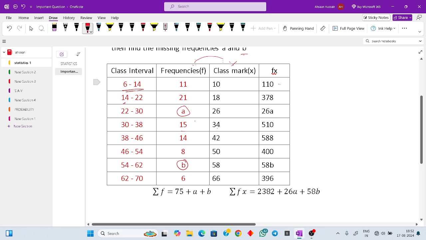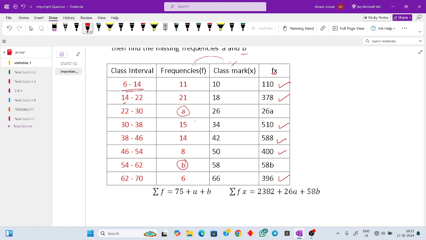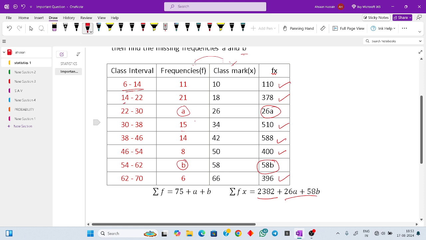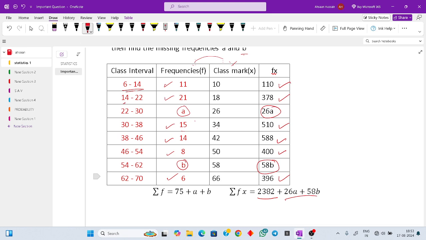So here this one, this one, this one, this one, this one, and this one are constant numbers. So we'll add these numbers, and the result will come 2382, and then write 26a plus 58b separately. Similarly, we'll follow the same trend here. 11, 21, 15, 14, 8, and 6 will give 75, and then write a and b separately. Understood?